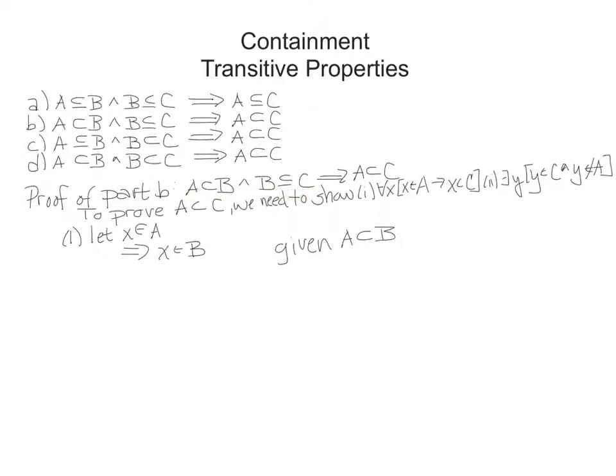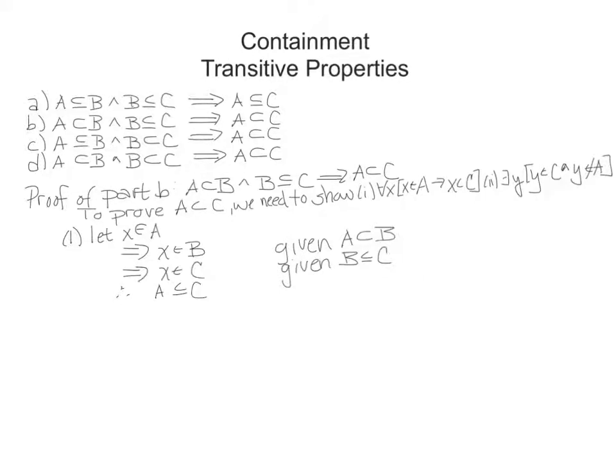Well, I'm also given that B is a subset of C. So if x is in B, that also means x is in C because we are given B is a subset of C. But now we have shown what we need to in order to show that A is a subset of C. Therefore, A is a subset of C.